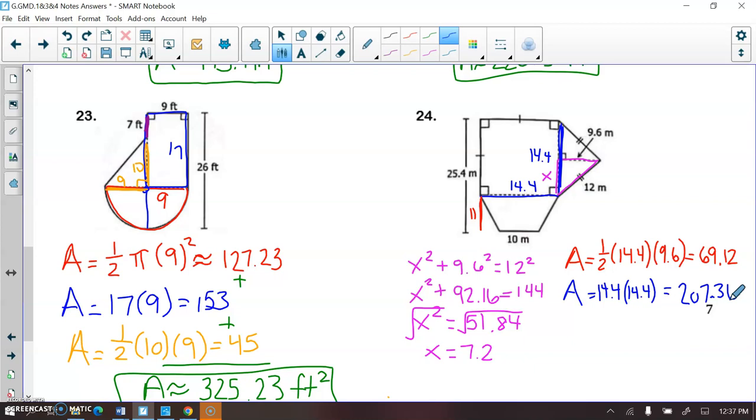And then lastly, my trapezoid is going to be 1/2 times the height of 11 times my one base of 10 plus my other base of 14.4. And so 14.4 plus 10, times 11, divided by 2, or times 1/2, is 134.2.